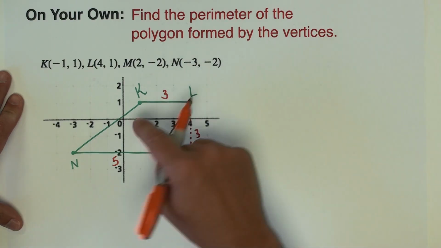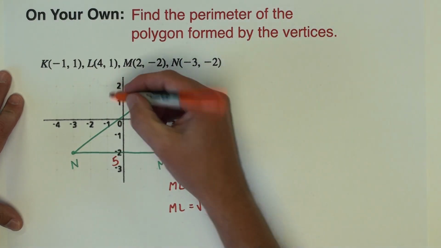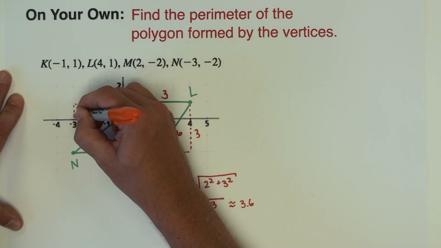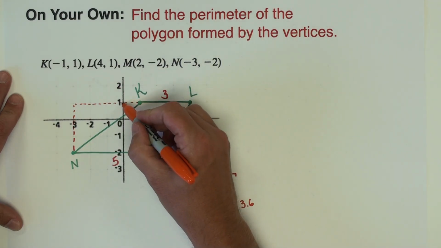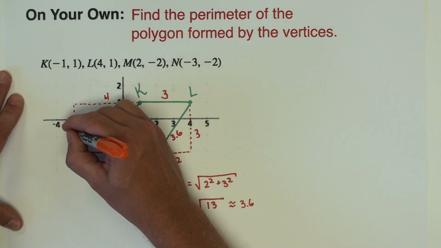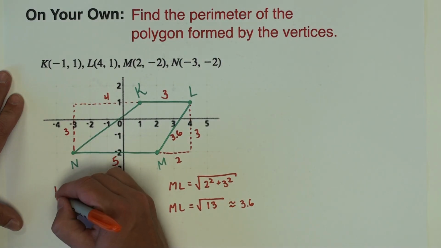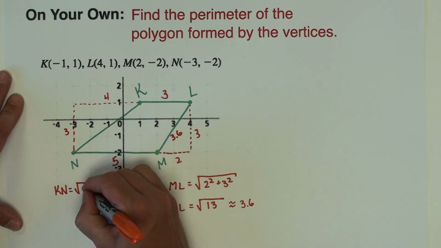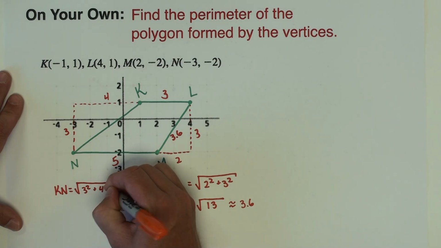I need to do the same thing for KN. So KN, that triangle is 1, 2, 3, 4, and 1, 2, 3. So KN from Pythagorean's theorem is the square root of 3 squared plus 4 squared.